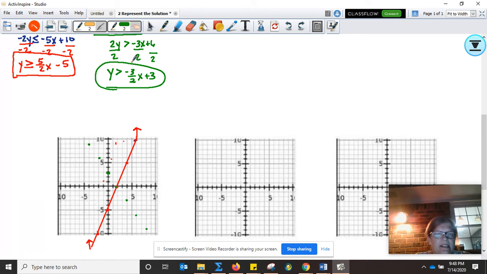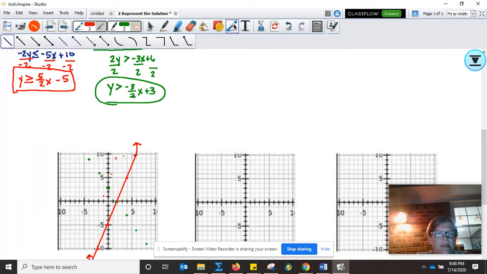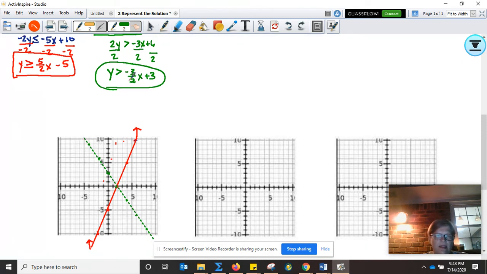All right, and since that's a greater than, it's going to be a dotted line this time. So let's draw our dotted line. So right here. Okay, and as I'm looking at this, since it is greater than, we're going to be shading up top.